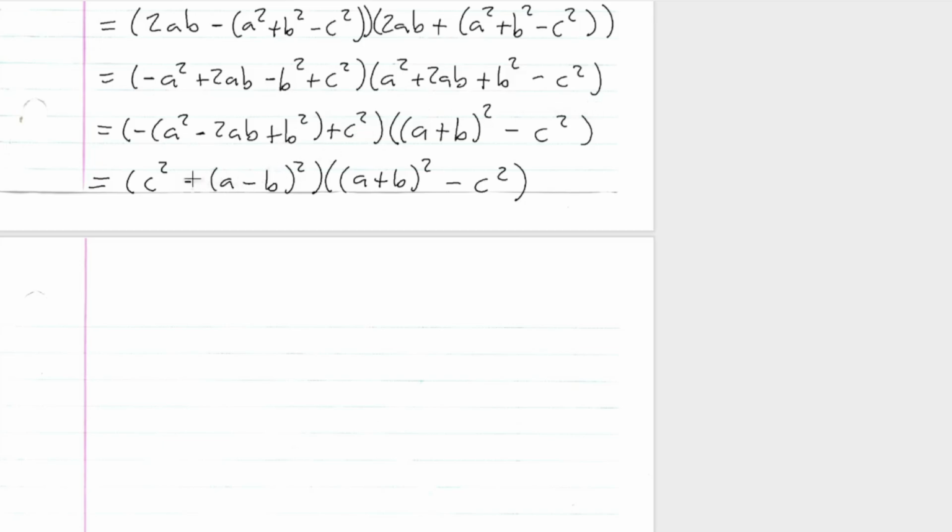So this line is equal to this line, and I'm going to use the difference of squares again, so this difference of squares will be c minus a minus b, and then c plus a minus b.